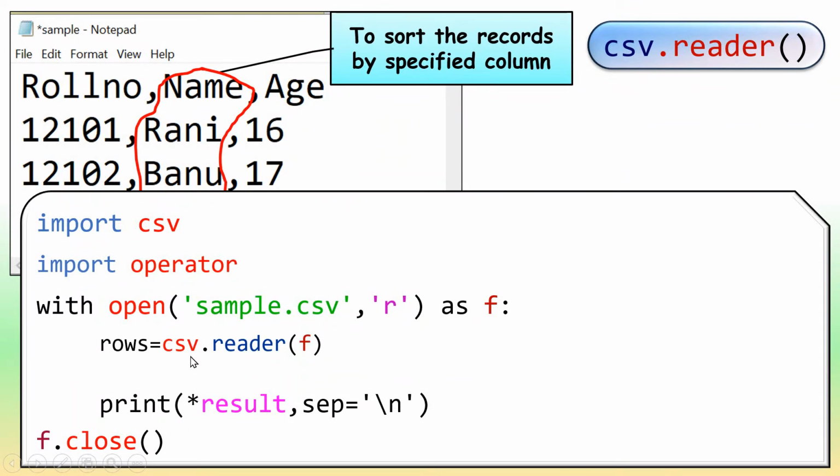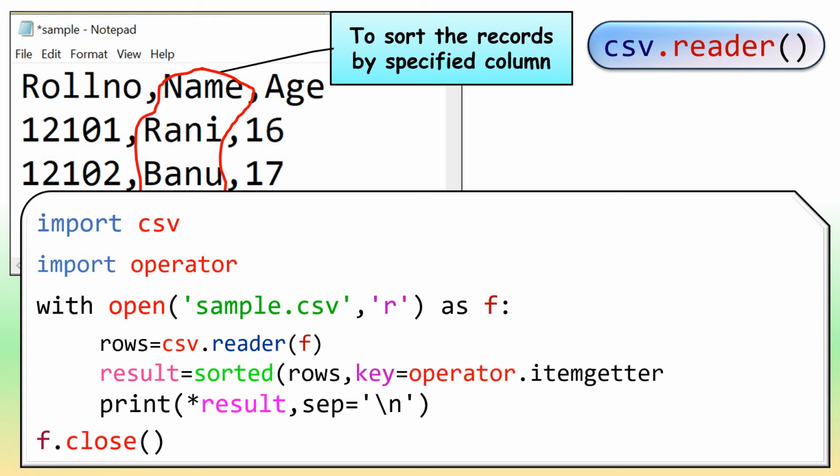After reading the records by csv.reader of f, you have to sort the records by using the sorted function as follows. Result is equal to sorted within parentheses rows comma key is equal to operator dot itemgetter 1.